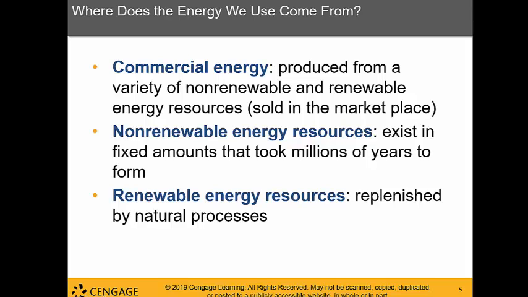Renewable energy resources are constantly being replenished or replaced by natural processes on a time frame that facilitates our use of them. Okay, like sunlight energy. We do have a fixed amount of sunlight hitting a solar panel at any one point in time, but when we use that energy, there's going to be more and more of it available.